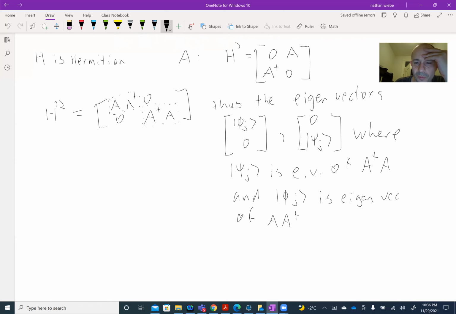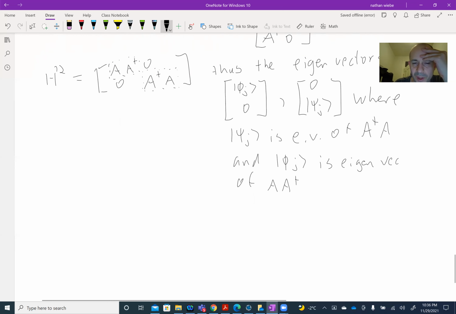So what this ends up meaning is that the singular values of H prime are the same as A.